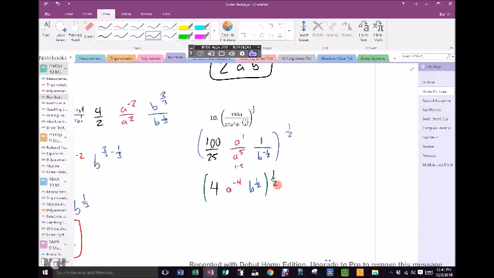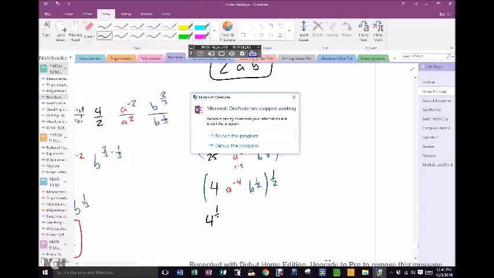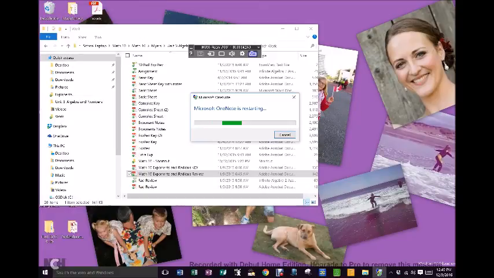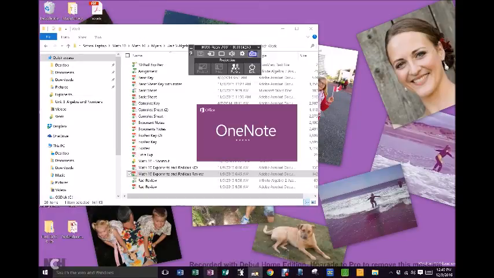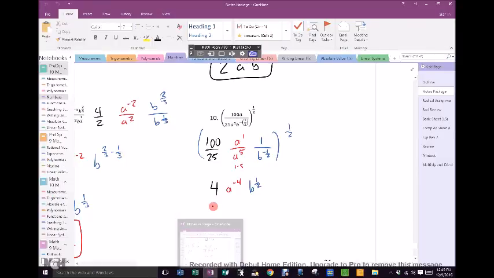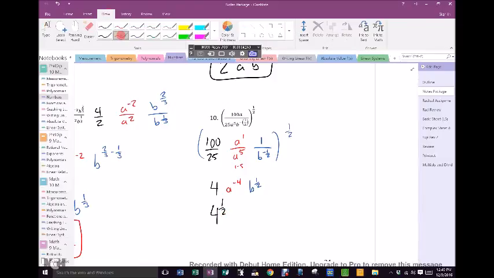To everything, right? So the 4 gets 4 to the 1/2. We were doing so well. The 4 gets the 1/2, yes? What do we do with a? What do I do over brackets?